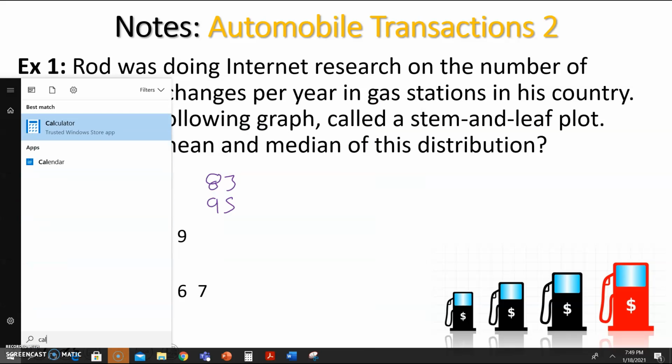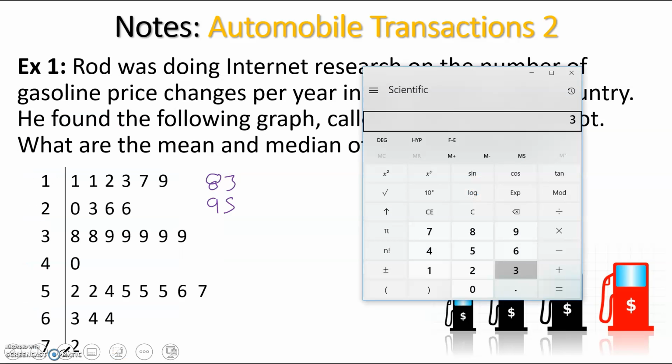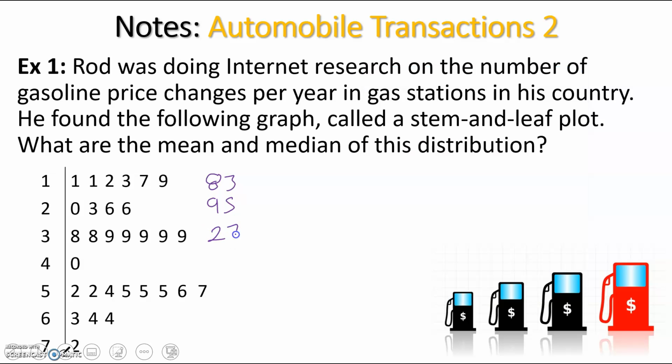Our third row is 38 plus 38 plus 39 plus 39 plus 39 plus 39 plus 39. Lots of 39s in there, right? So that takes us to 271. And then 40 for that fourth row.